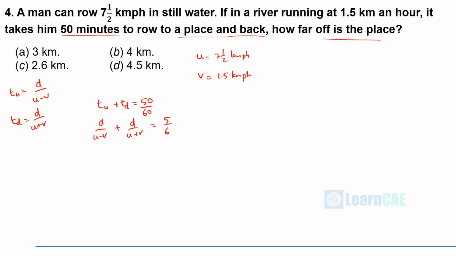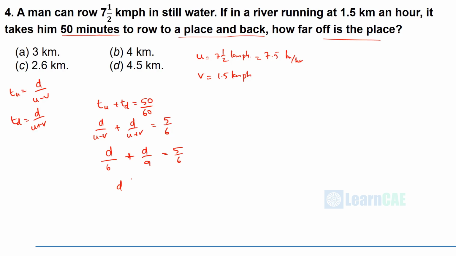U is equal to 7.5 and V is equal to 1.5. We shall substitute the values: D by 7.5 minus 1.5, which is 6, plus D by 7.5 plus 1.5, which is 9, is equal to 5 by 6.